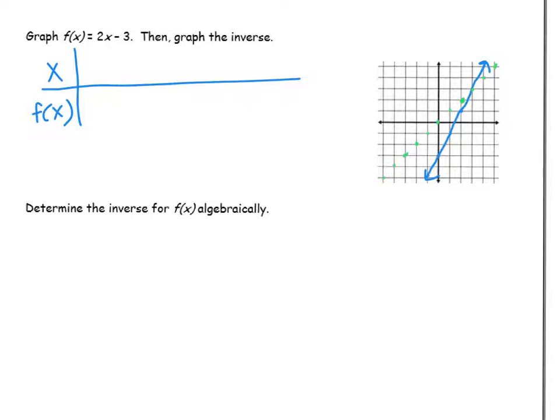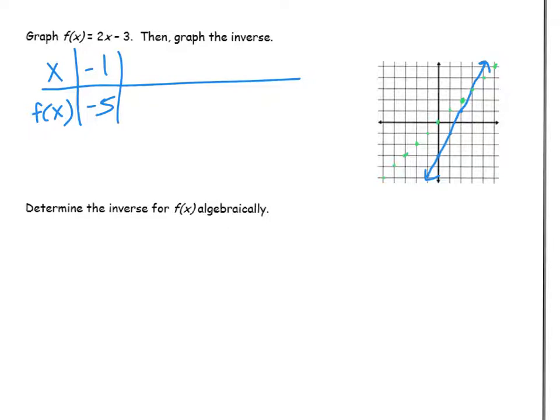So here's how I would go about this. I'm going through and taking a look at the points that I plotted, and I'm now putting them in my table. Usually we would use the table to make the graph, and we already have the graph. Really, I want this table to help me out with the inverse, which I'm going to graph next.